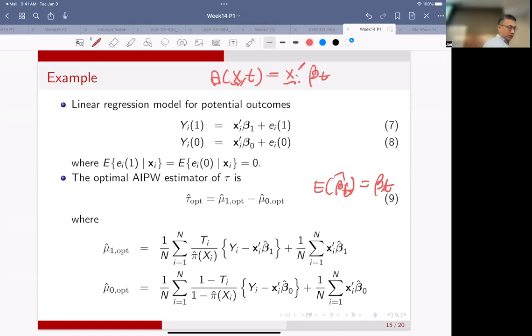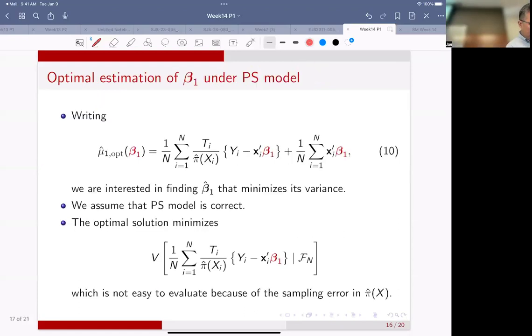The first case is easy, actually. If the outcome regression model is correct, we know the answer already, right? This is basically GLS. If you have something like x prime v inverse x inverse, something like that, right?